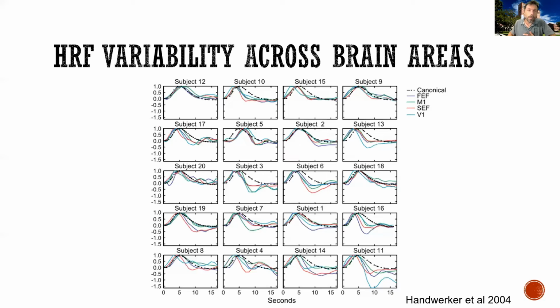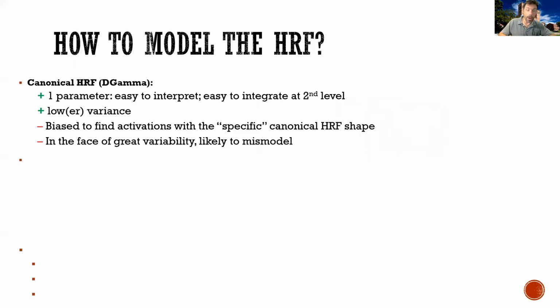So the canonical has some pros and some cons. And to put this together, on the plus side, using a canonical HRF, just like a double gamma, has some significant advantages. It gives you one parameter. It's very easy to interpret. It's the amplitude of response to stimulation.